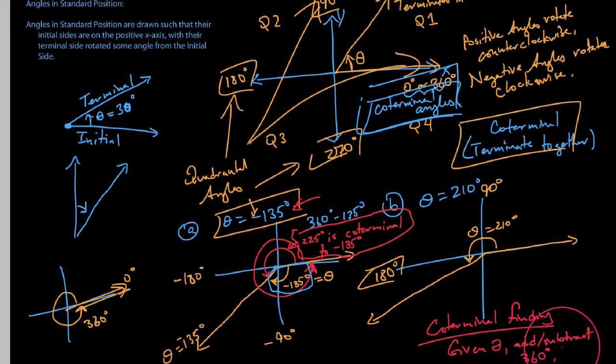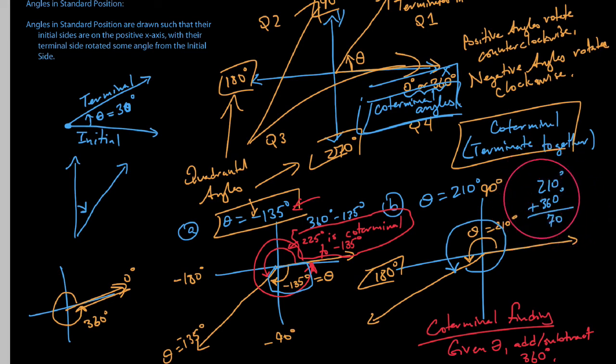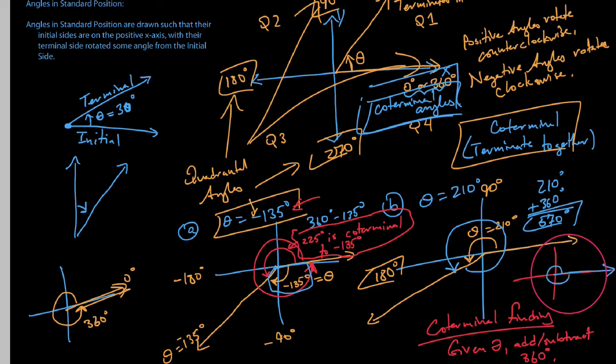It makes reasonable sense that if I have a 210-degree angle, here's this one right here, and I add on another 360 degrees, I land in the same spot. So coterminal with 210, we say plus 360. If I add these together, I get 570. If I were to sketch a 570-degree angle in standard position, to start, it would rotate positive 360 degrees, plus how much more to get up to 570?